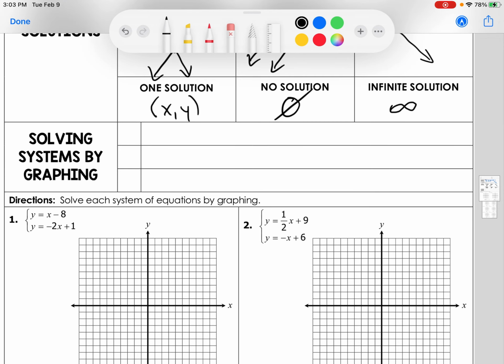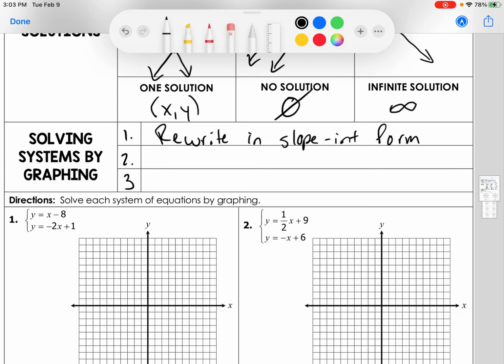So solving systems by graphing, we have 3 steps. First step is to rewrite the equations in slope-intercept form. We can also solve them in standard form if you know how to do that using the intercepts.